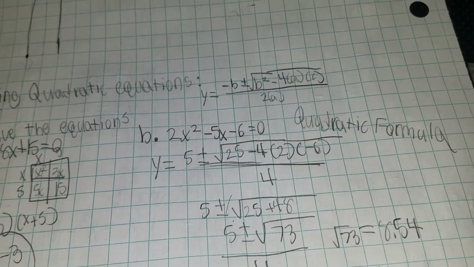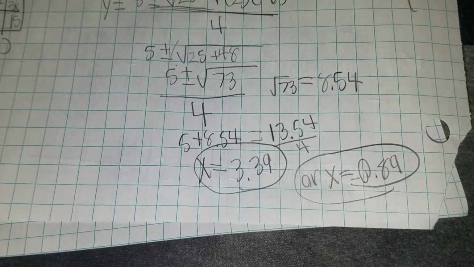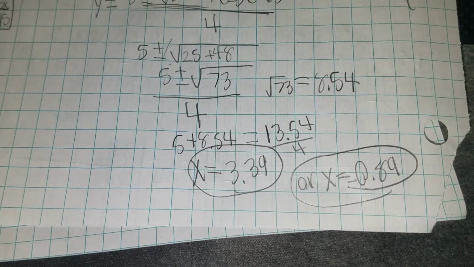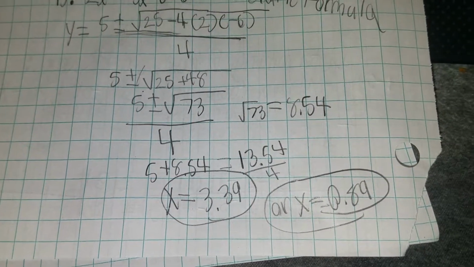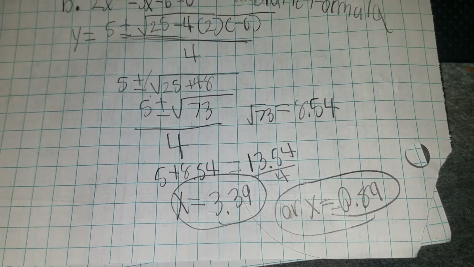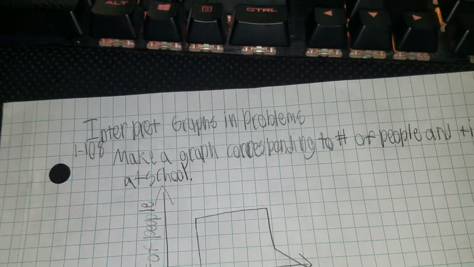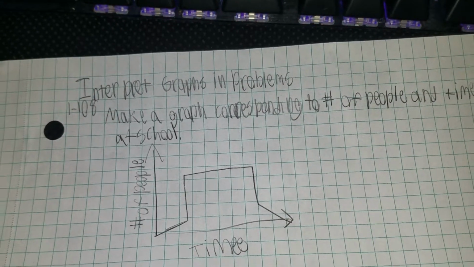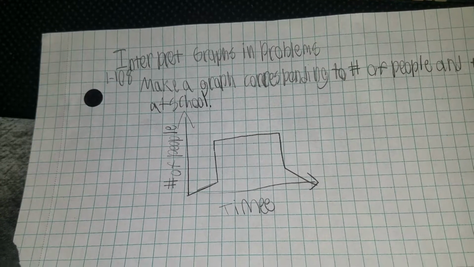I basically just plugged in the values and wound up getting an answer of x equals 3.39 or x equals negative 0.89.